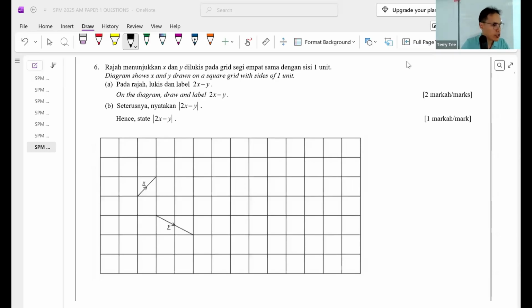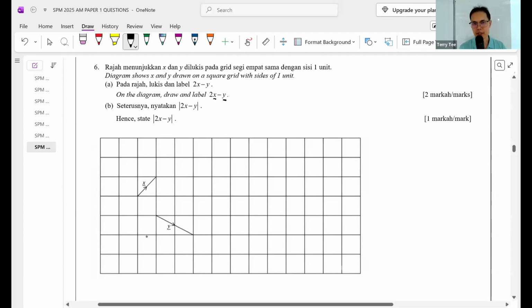Question number 6 is Form 4, Chapter 8, Vectors. On the diagram here, the diagram shows x and y drawn on a square grid with sides of 1 unit. On the diagram, draw and label 2x minus y. By the way, I should put a vector sign here, 2x minus y.